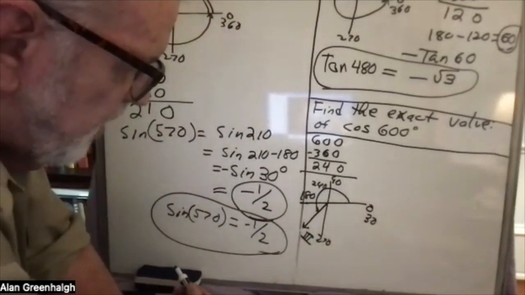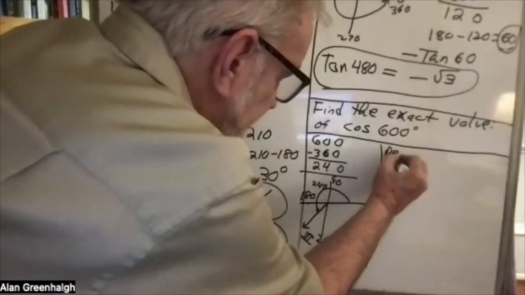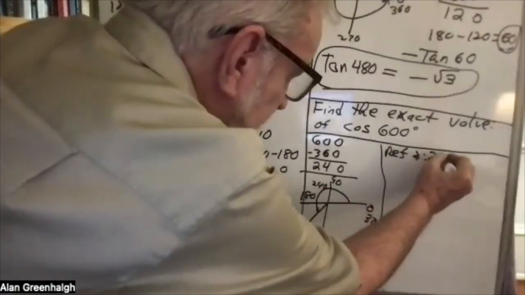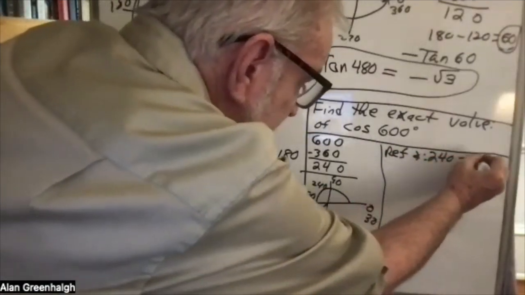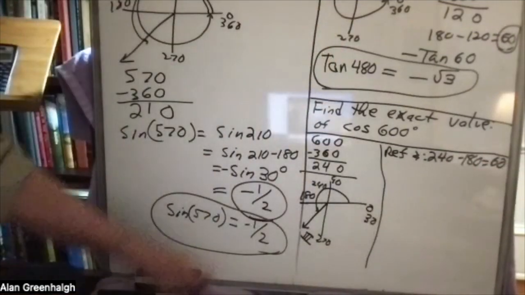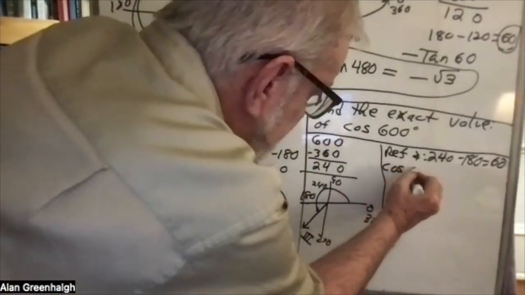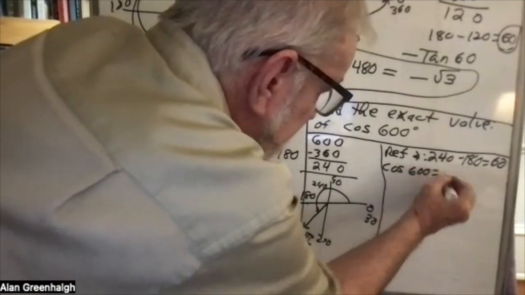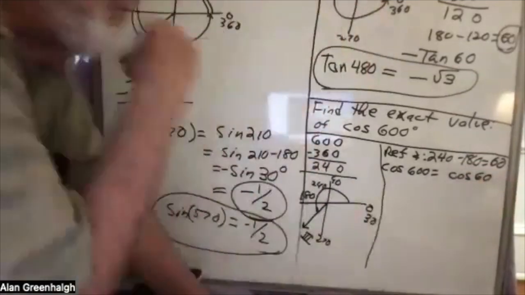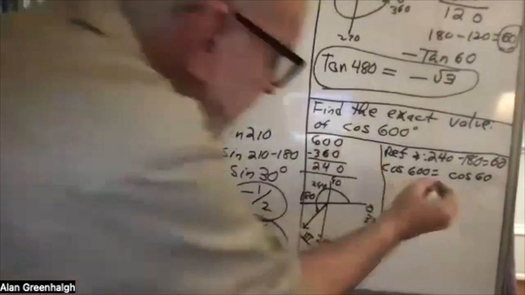To figure out what the reference angle is, the reference angle will be 240 minus 180, which is 60. So we're talking about cosine. The cosine of 600 degrees is equal to the cosine of 60 degrees, but in the third quadrant the cosine is negative.